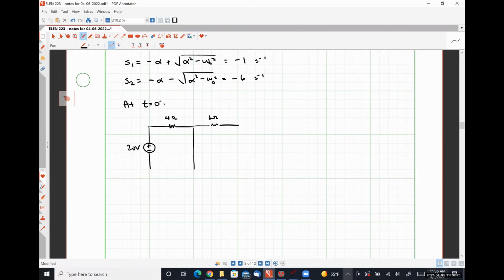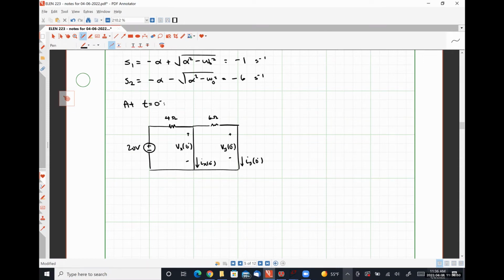Here we have a 6 ohm resistor, and our inductor L2 looks like a short circuit. So let's call this Ix of 0 minus, Iy of 0 minus, Vx of 0 minus, and finally Vy of 0 minus.